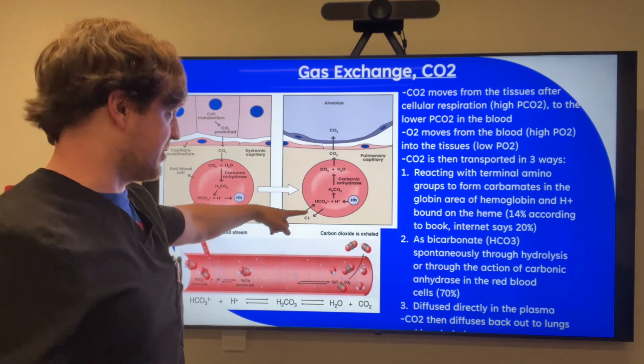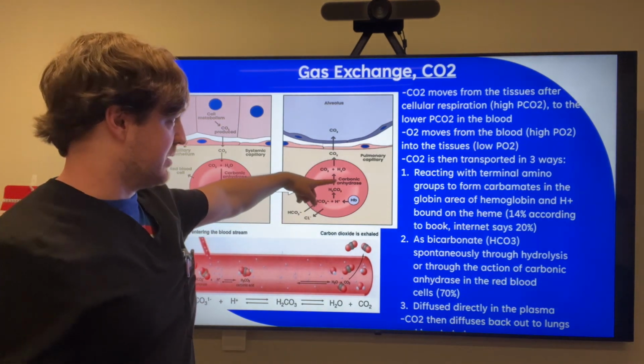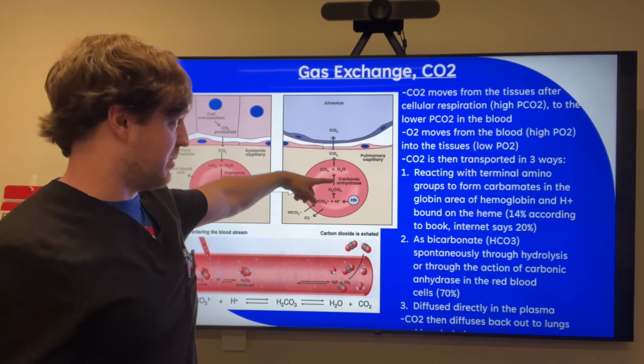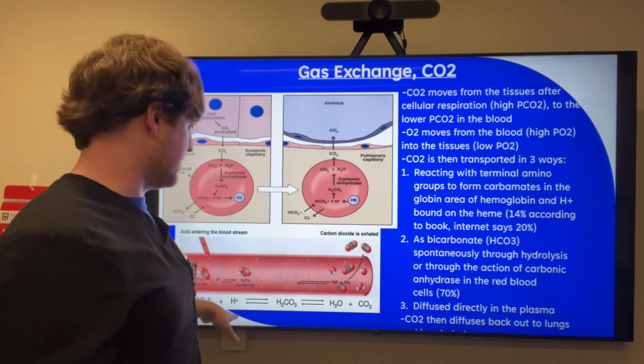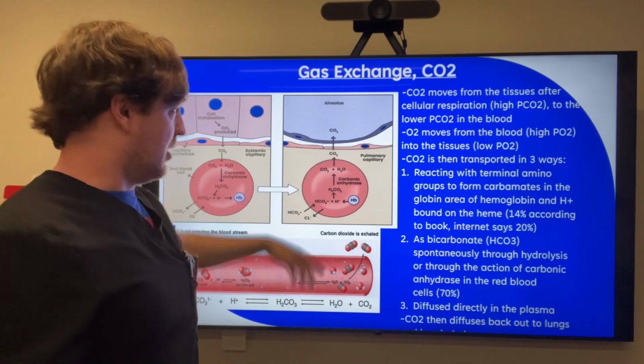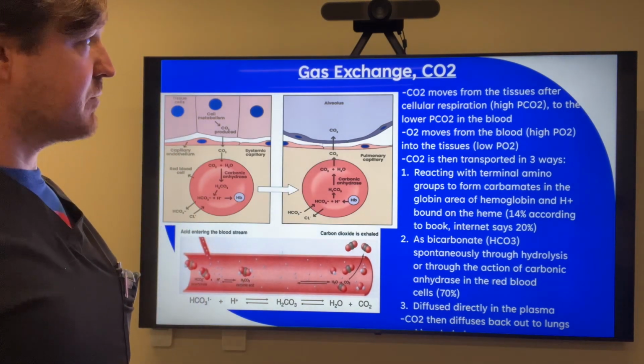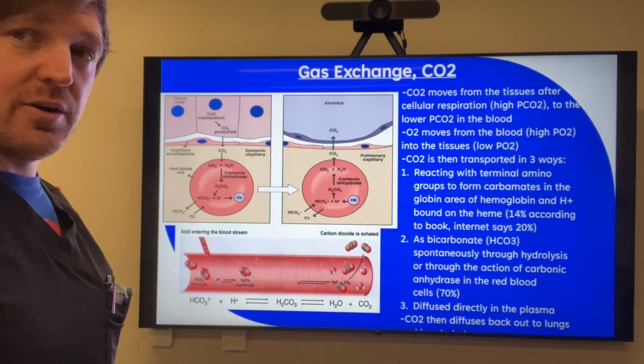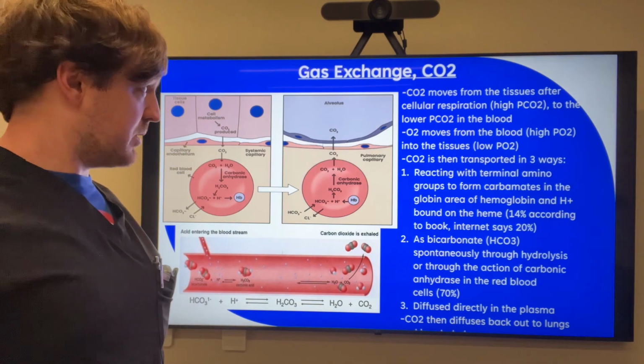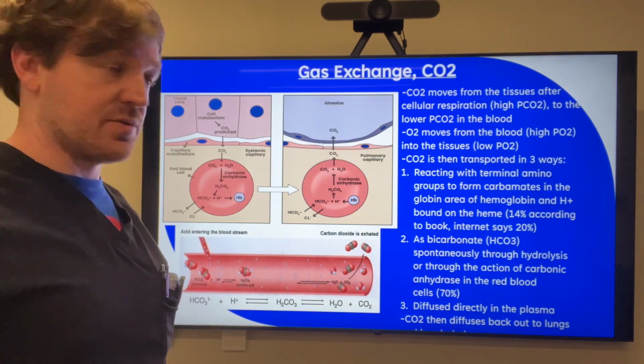And then this happens across red blood cells too. Red blood cells have a lot of carbonic anhydrase, which does this whole reaction also. So that's pretty much how the CO2 gets diffused through the blood.